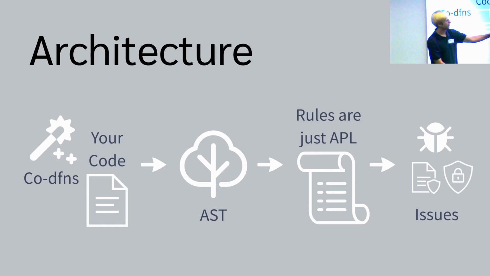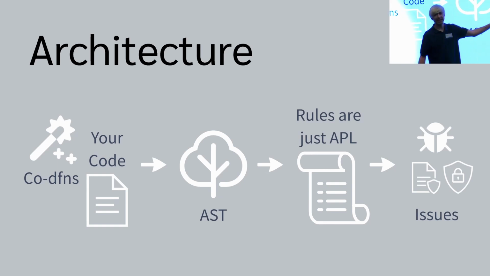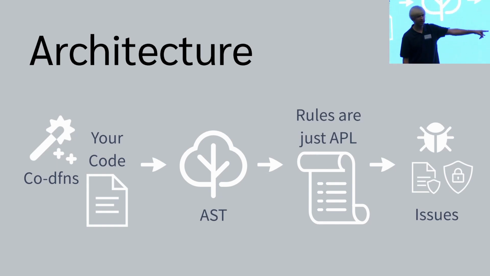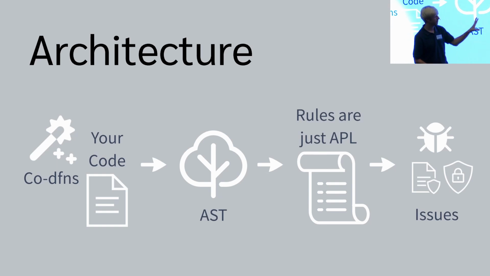From there, the entire static analyzer itself is just a rule database, which is just APL. It ingests this data structure, and we're trying to design a language that allows you to read this and make assertions about this AST, and that will be your rule database. But it's just APL. That's the whole point.